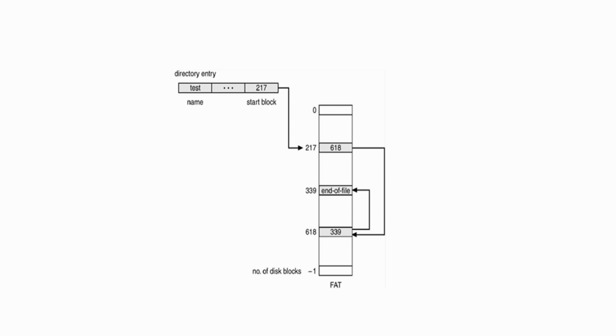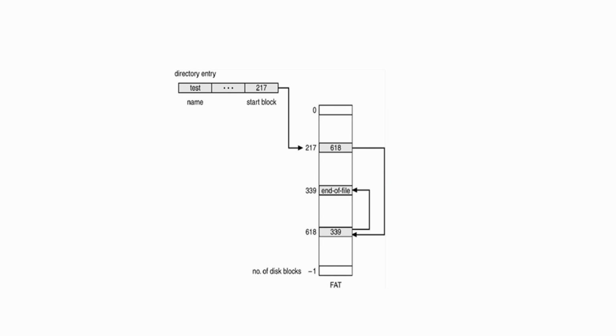So we go to FAT to check entry 217, and we can see that the value in this entry is 618, and this is actually the number of the next data block.